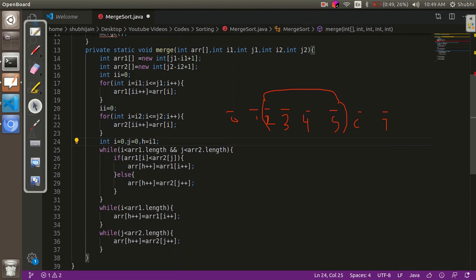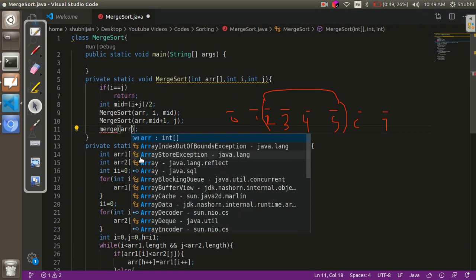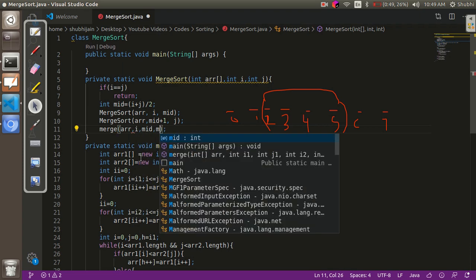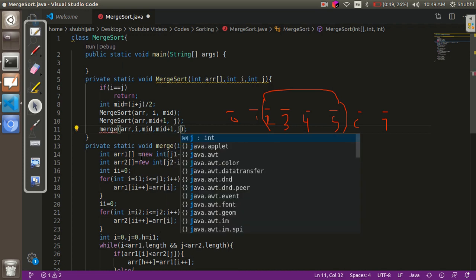So over here we'll pass our array with the starting index and mid. The first array goes from i to mid, the second array goes from mid plus 1 to j.